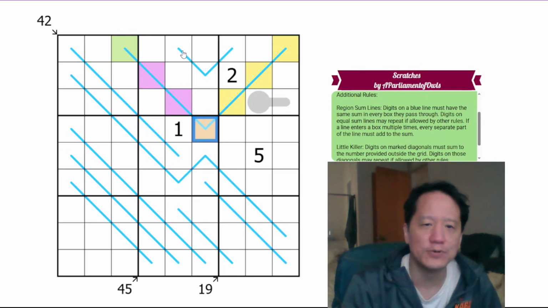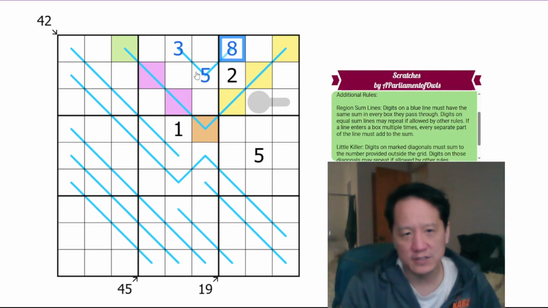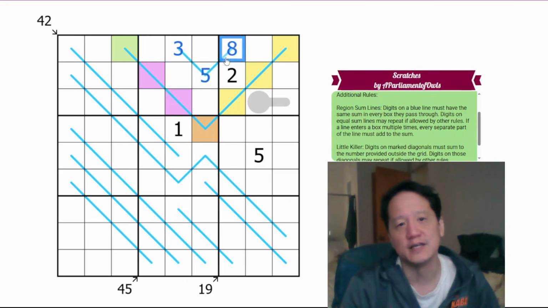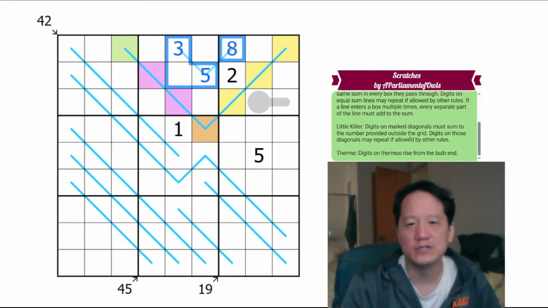As an example, using this small one, you could have 3 and 5, and therefore this would be 8, because the digits on this segment, 3 and 5, add up to 8, and the sum of 8 obviously adds up to 8. That's an example of how region sum lines work.